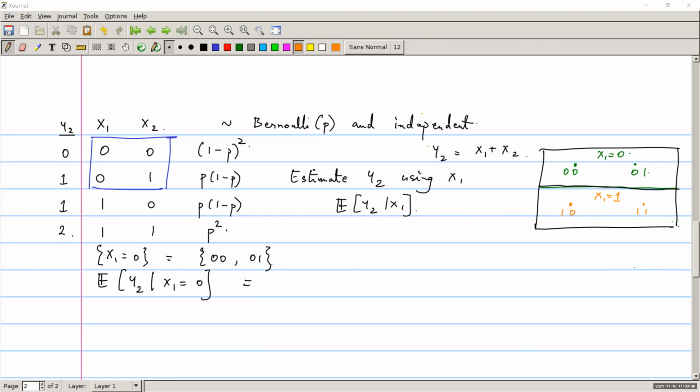For that we first need the conditional distribution of y2 given x1 equals 0. Who can help me with this? What values can y2 take if x1 equals 0? 1 or 0. Very good.